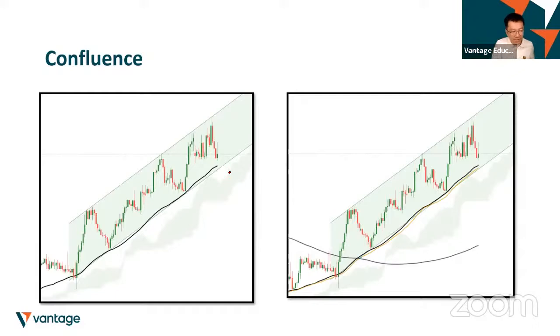So we're looking at many ways to use the moving average, not just the moving average alone, but the moving average together with other indicators. In this case, we can also add in the 50 moving average, and you can see here coming quite close, the 50 crossing over the 200.